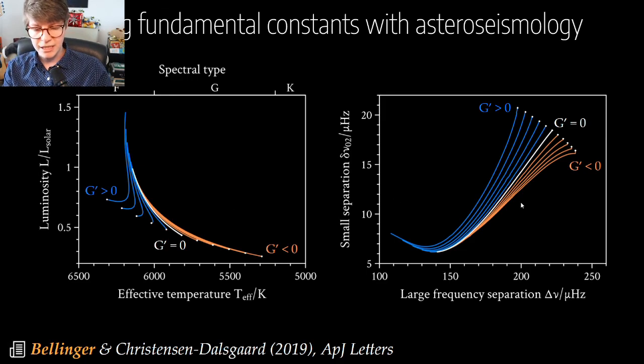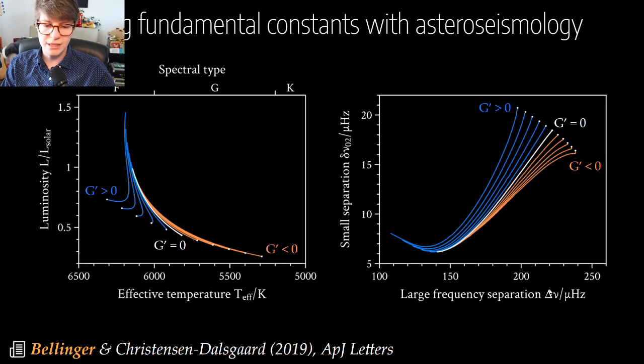Well, when you move to astroseismology, it turns out that you can get a great constraint on the time variation of the gravitational constant. So here on the x-axis, you can see the large frequency separation. This is the difference in consecutive radial mode frequencies for a solar-like oscillator. And so that turns out to be related to the mean density of the star.